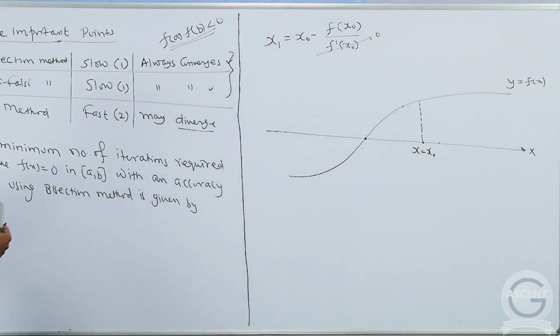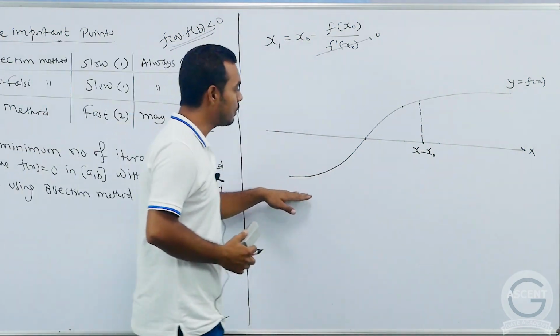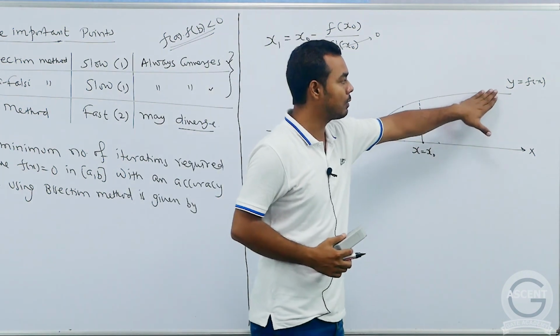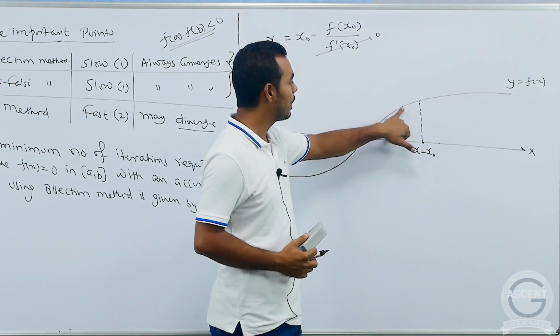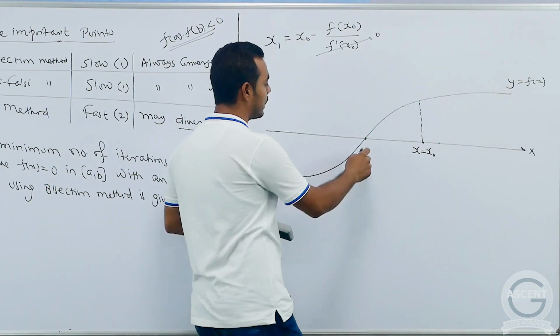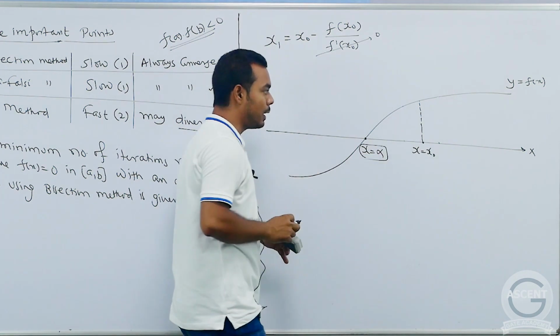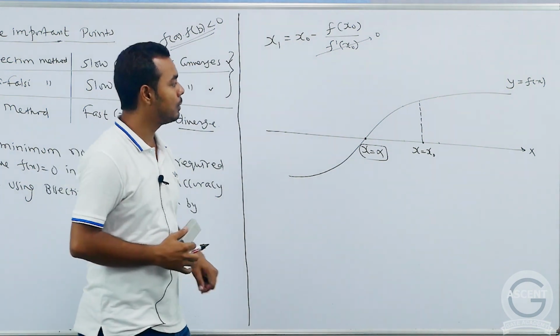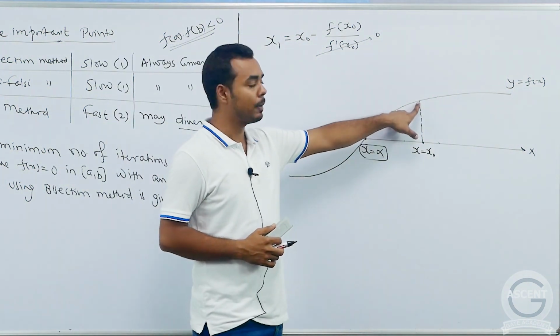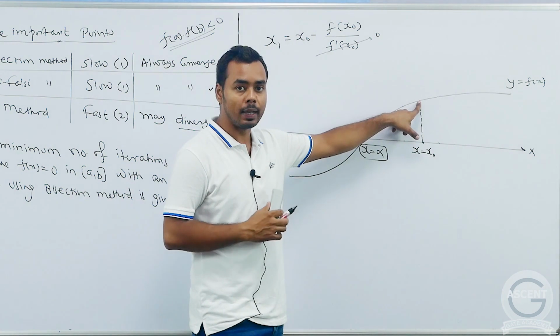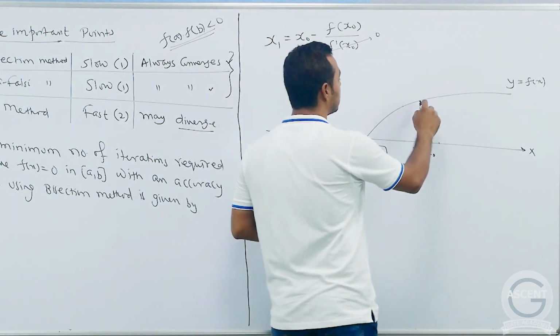Another possibility is, suppose the graph of this function is something like this, y equals to f x, this is the graph of the function. The point where the graph is crossing the x-axis is the actual root alpha. In Newton-Raphson method, what we are doing is drawing a tangent line at a point. The point where this tangent crosses the x-axis will be our first approximation.